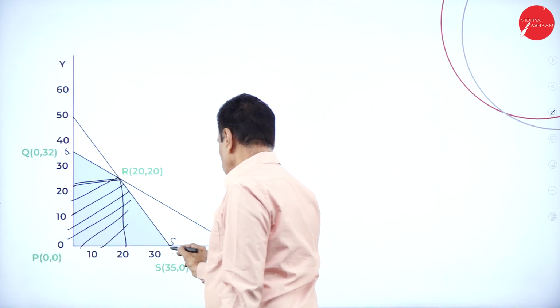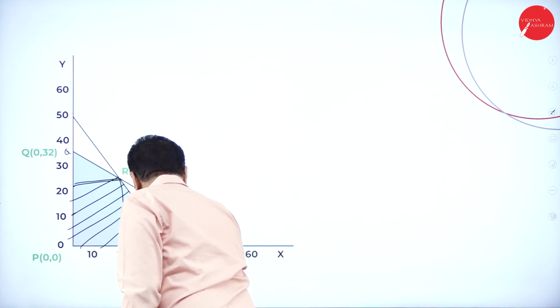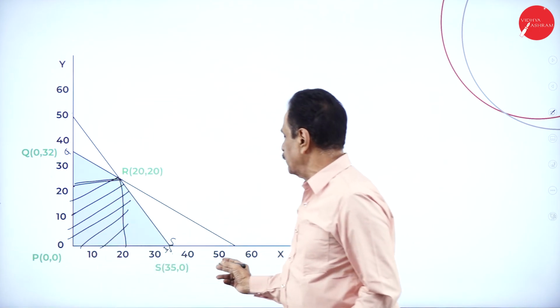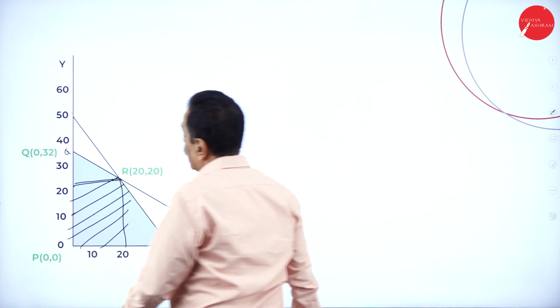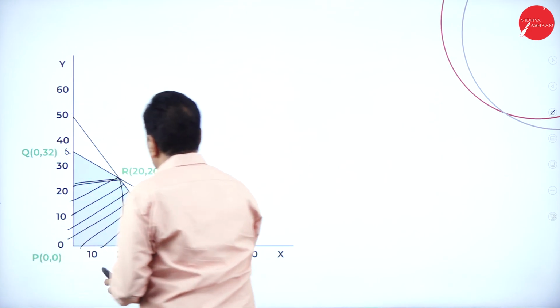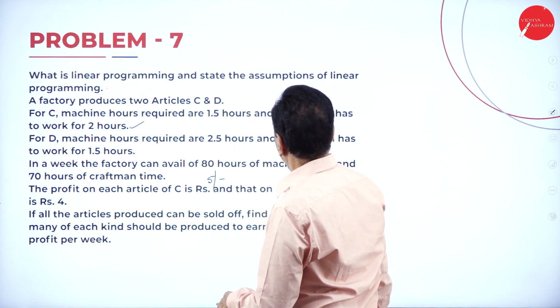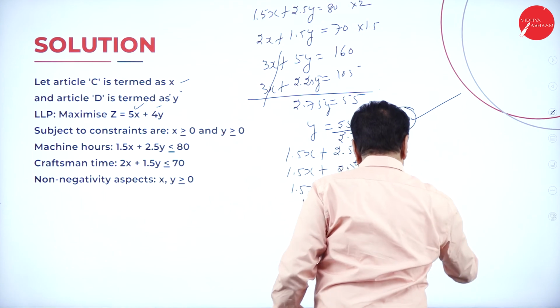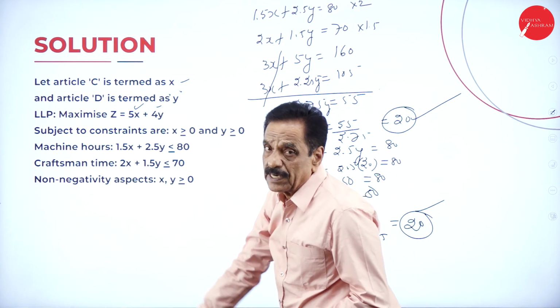Here on the graph sheet, 35 will come here, 0 here, 32 here, and this has got 20. As we solved the equations, X is 20, Y is 20, which has been represented in the graph.